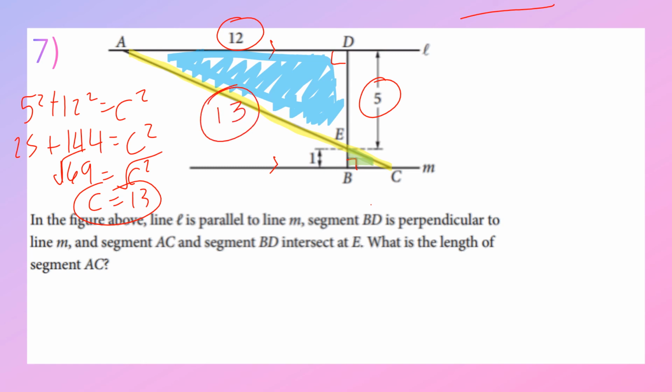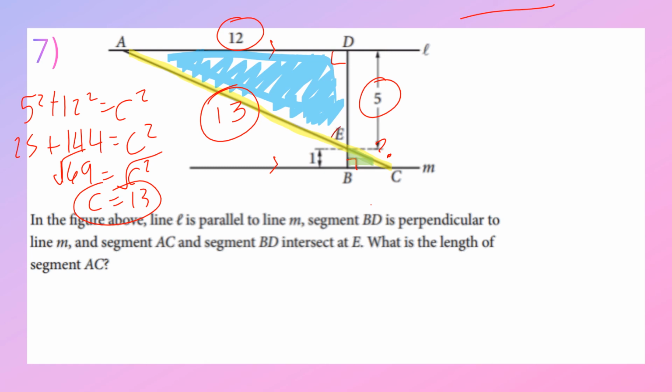So now I have to figure out what this little piece is in order to find my whole yellow line there, AC, okay? Because I know that these two are right triangles, the only way that I could do this is to use similar triangles, okay? So this is much like number 5.